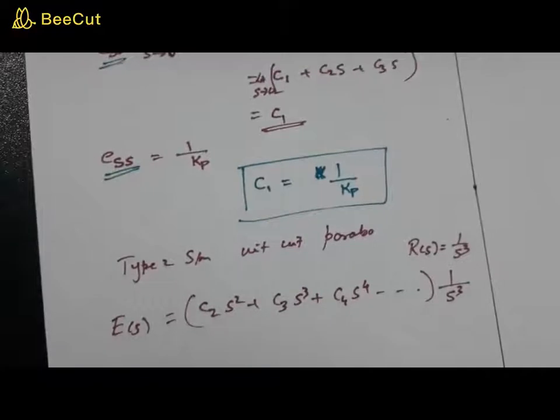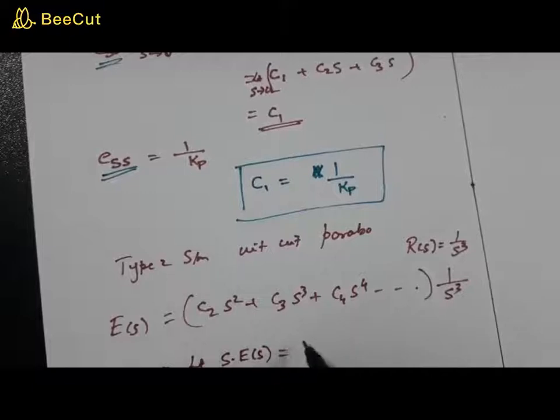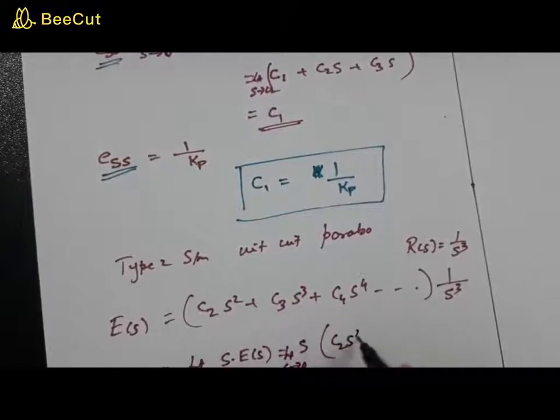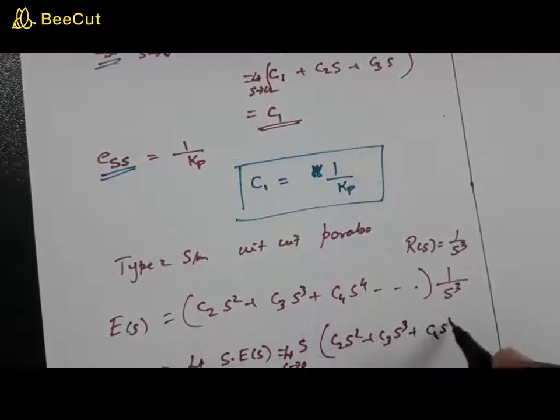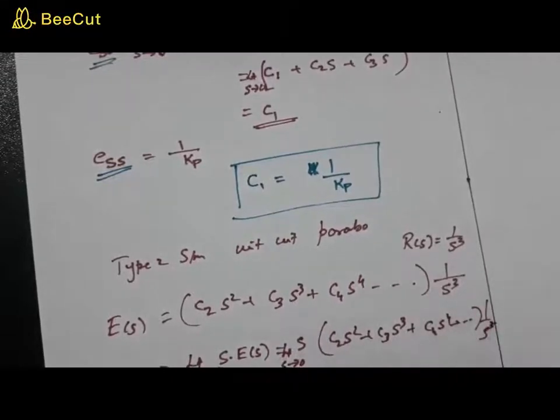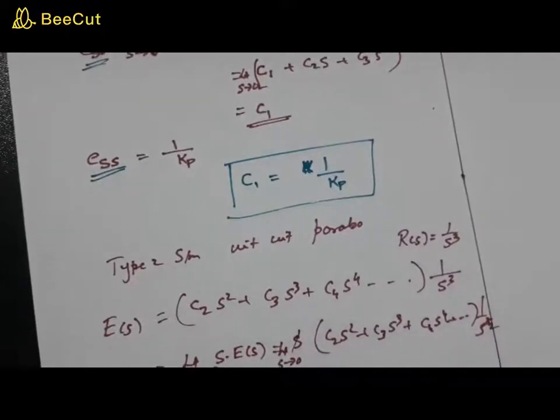Now what is ESS, the steady state error? That will be limit S tends to 0 of S into E of S, right? So this becomes limit S tends to 0, S into C2 S square plus C3 S cube plus C4 S raised to 4, etc., divided by 1 by S cube. So it becomes S square, this S and S cancels, right?